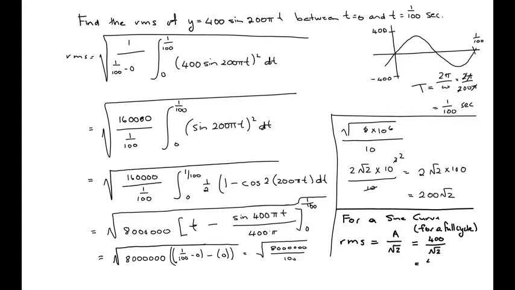I can say that that's equal to 400 root 2 over root 2 times root 2, which is 400 root 2 over 2, which is, as before, 200 root 2. So doing it that way, if it's a sine curve and it's for a full cycle, saves you an awful lot of time and gets full marks.